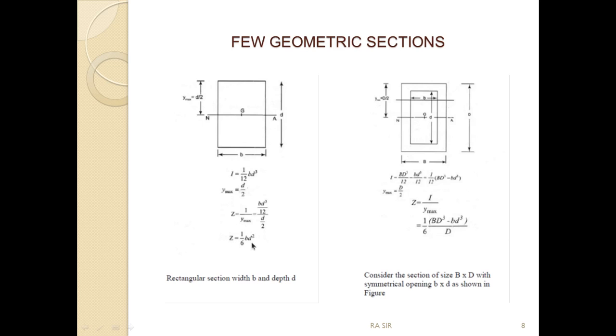And for the hollow structure, likewise, the value of I equals 1 by 12 of capital BD cube minus small bd cube, and y equals capital D by 2.